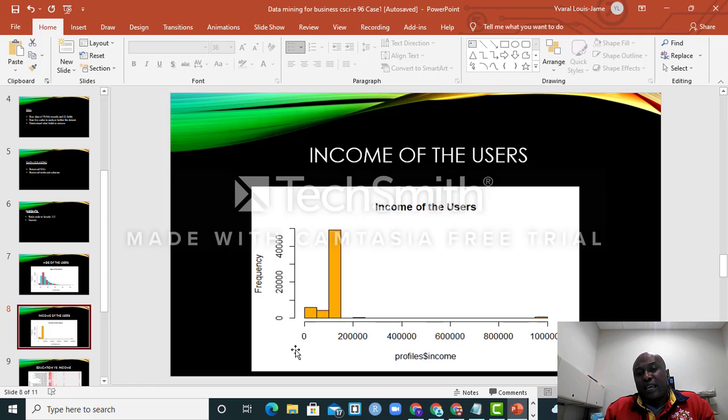And when it comes to the income of the users, as you may see, we have an average income of over $100,000. We had a few outliers, like you can see, some in the millions. But I decided to keep them as well.